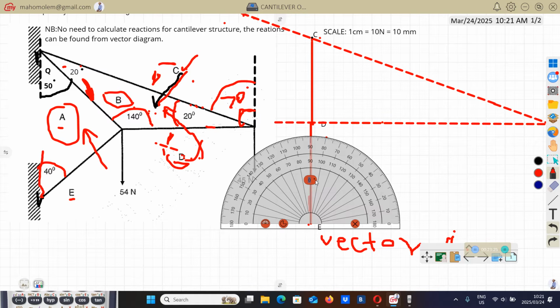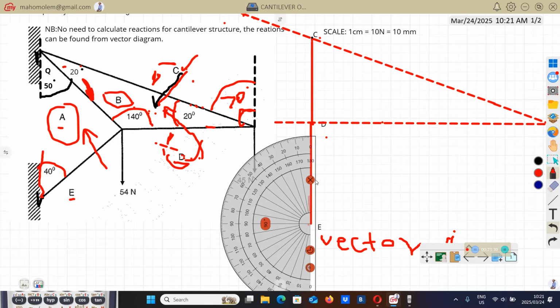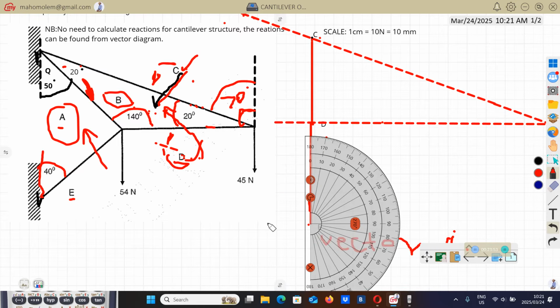I can turn it to a different direction now. Yeah, good. So you can put it like this. Then this will be your 10.